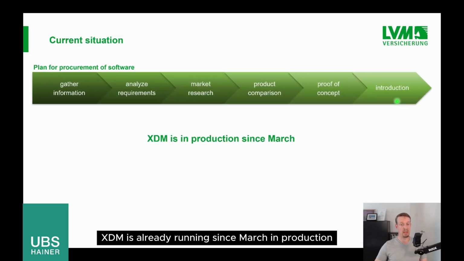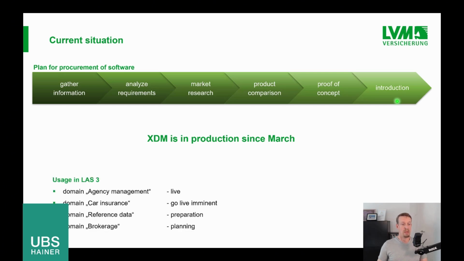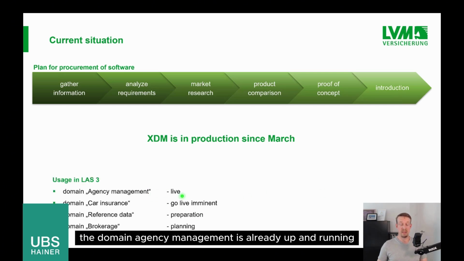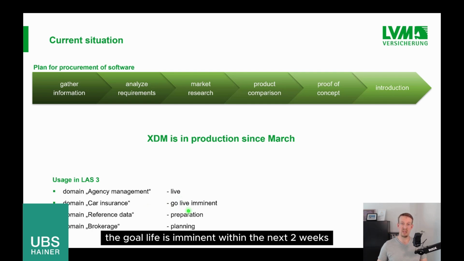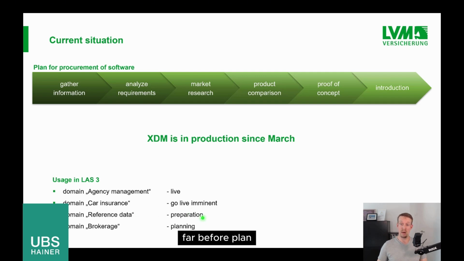XDM is already running since March in production. The domain agency management is already up and running. Car insurances, the go live is imminent within the next 2 weeks. The domain reference data is already in preparation, far before plan, and the domain brokerage is in planning state right now.